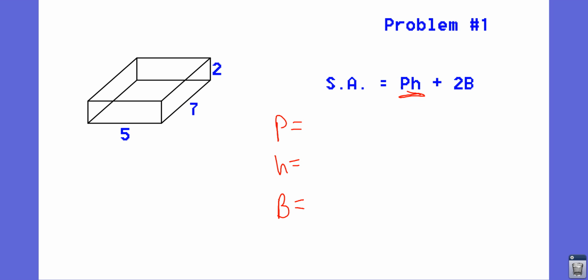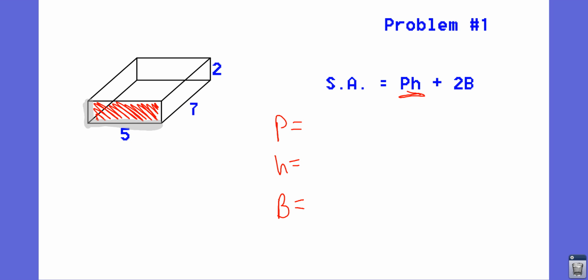So what I'm going to do is choose the front as the base. That way we can determine the height. Whenever we were talking about finding the capital P, or the perimeter of the base, what I always did with my students is I went ahead and highlighted these two sections.